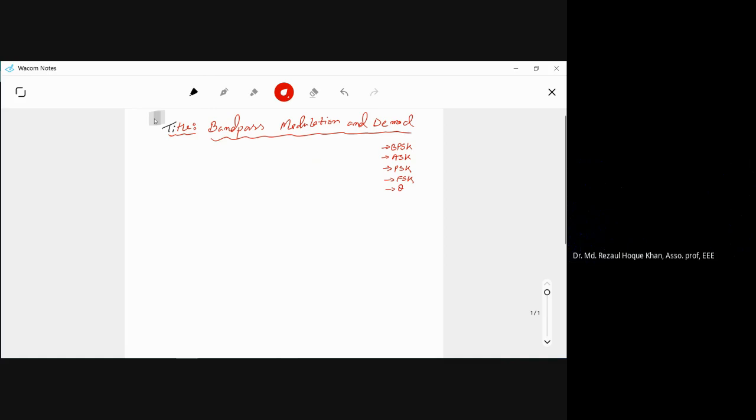So these are the modulation schemes that will be used for bandpass modulation.